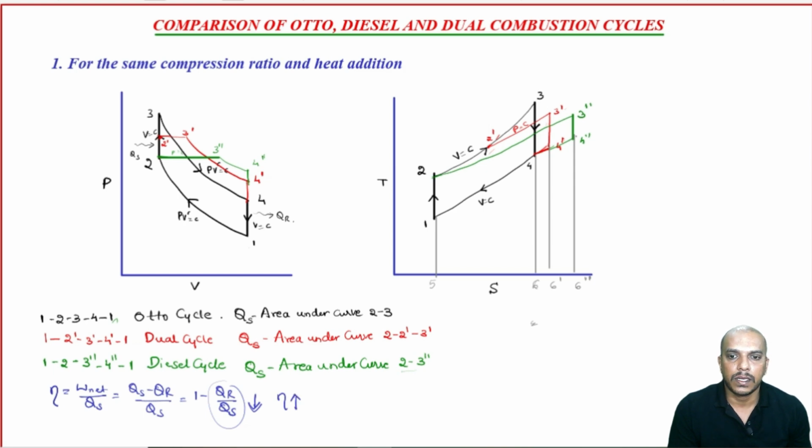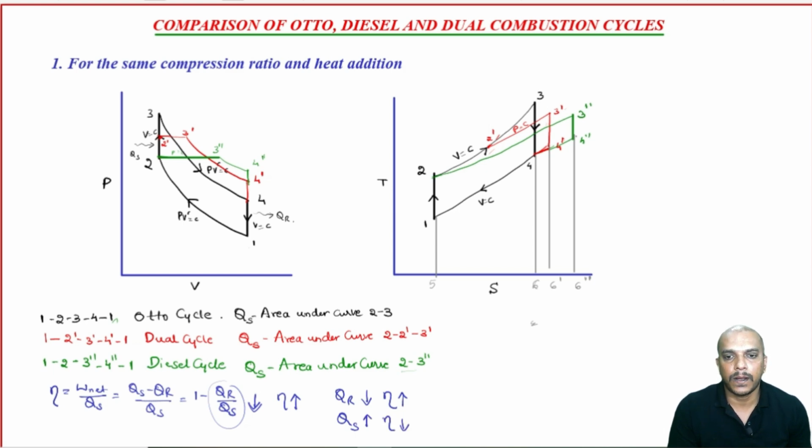How do we say that this second term should reduce? If the numerator reduces, efficiency increases. If heat rejection reduces, efficiency increases. If heat supplied is increased, efficiency decreases for the same values.